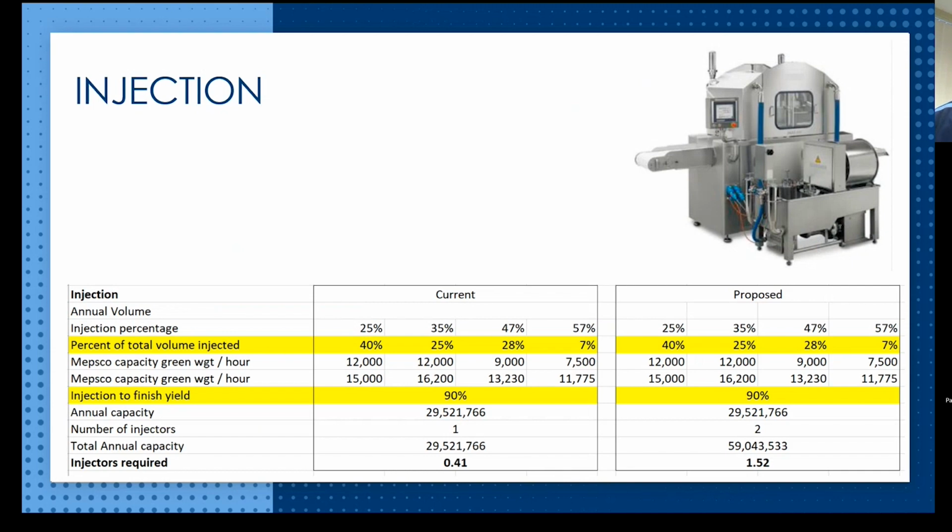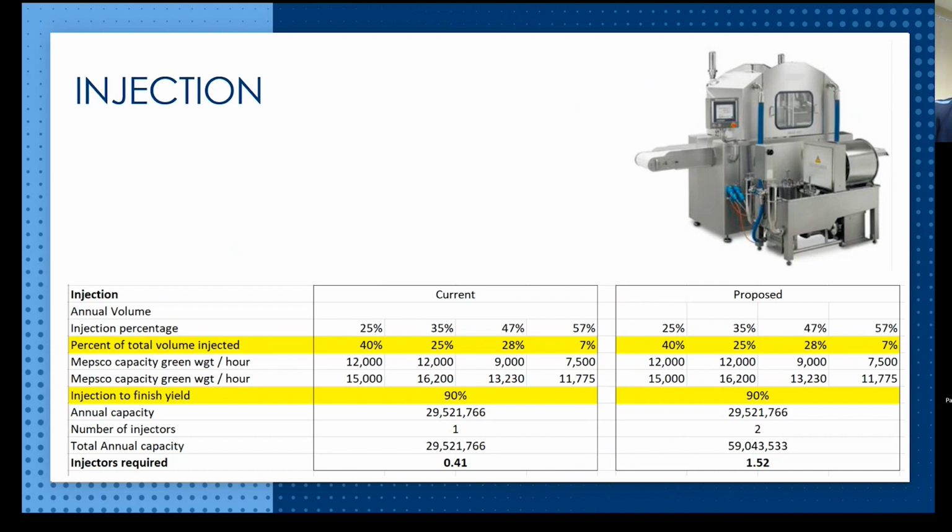Then we go into the process. This is one process; there are many different processes out there, but this is just an example. On this process, we started with injection. We take the meat in the raw combos, dump it onto a line, and run it through an injector, looking at the percent injection by product.